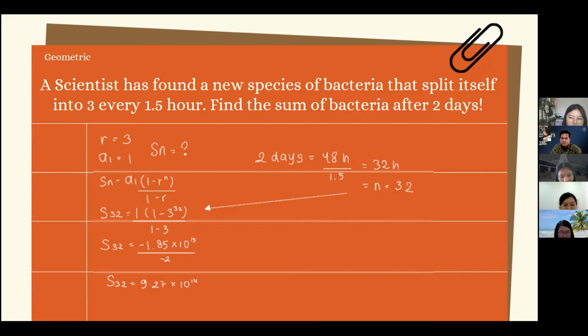Then we multiply it, and it becomes minus 1.85 times 10 to the power of 15 over minus 2. The result is 9.27 times 10 to the power of 14. So the sum of bacteria after 2 days is 9.27 times 10 to the power of 14.